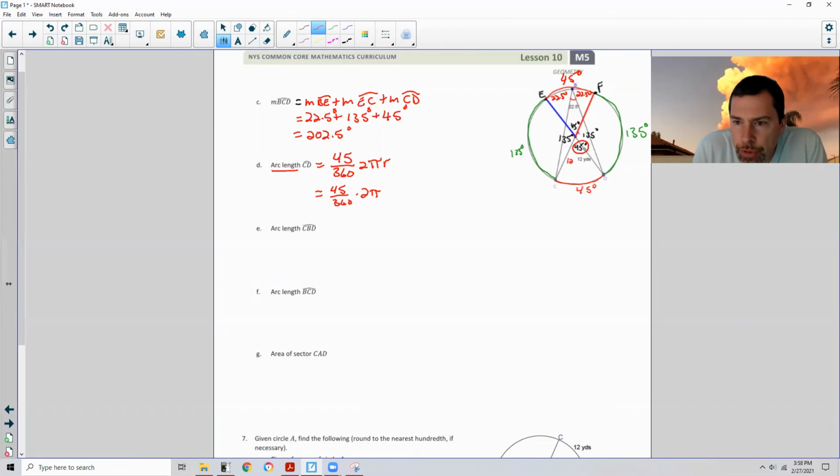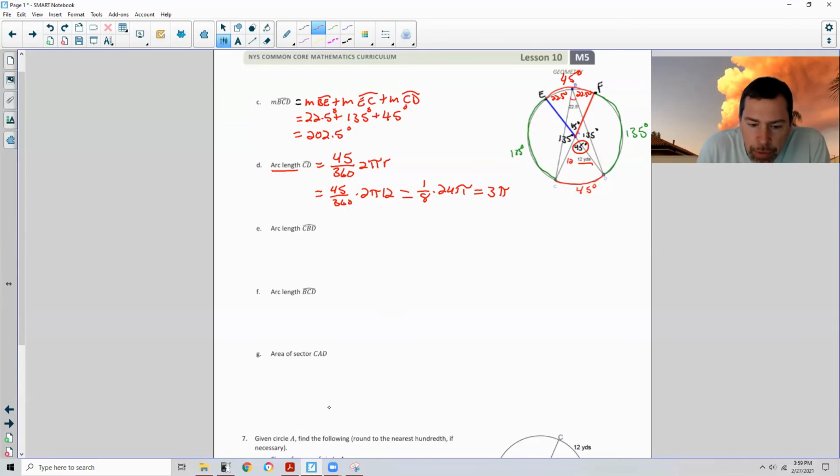Oh, it's given right there, 12 yards. All right, times 12. Ooh, scared me for a minute. So 45 goes into 360 8 times. So that's going to be 1/8 times 24 pi. So 1/8 of 24 is 3 pi.